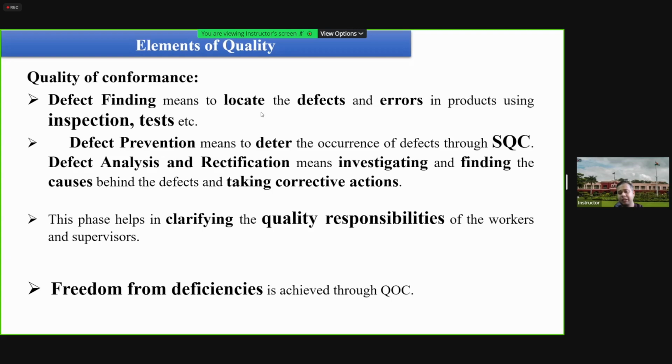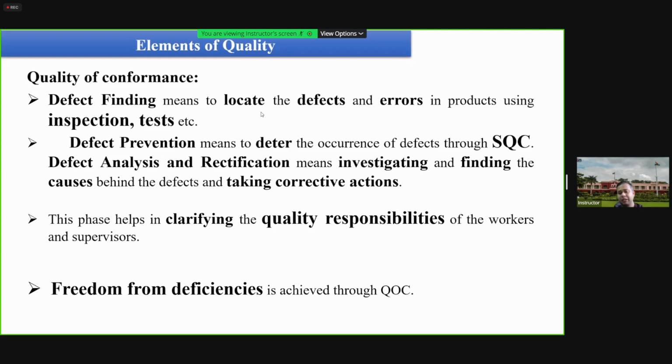Third is our quality of performance. Now, quality of performance is related to the performance of the product, or in other words, how well the product is functioning when it is put into use. That is our quality of performance, and ultimately it helps us determine whether the customer is satisfied with our product or service or not.